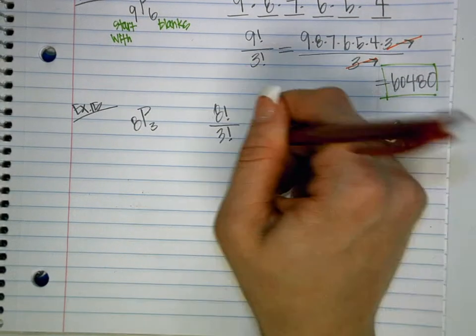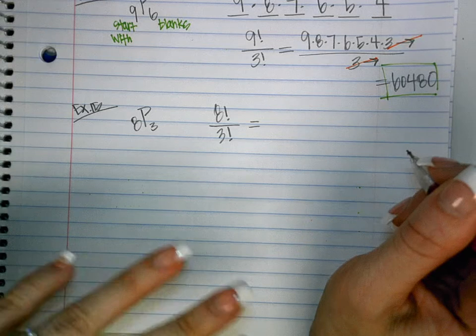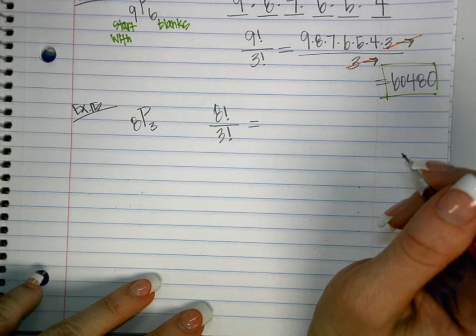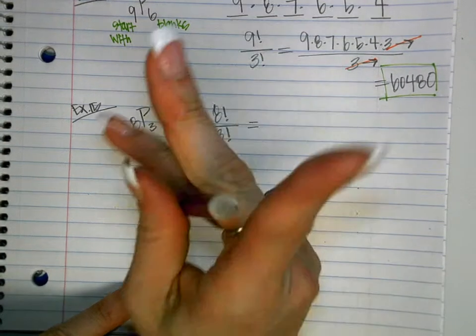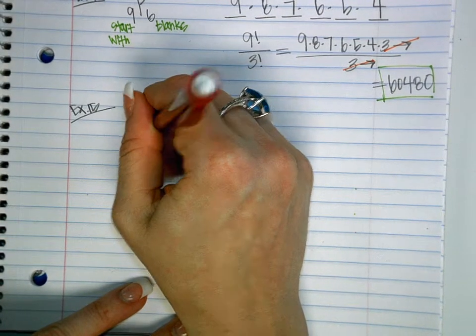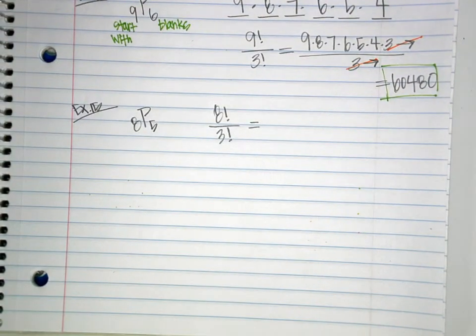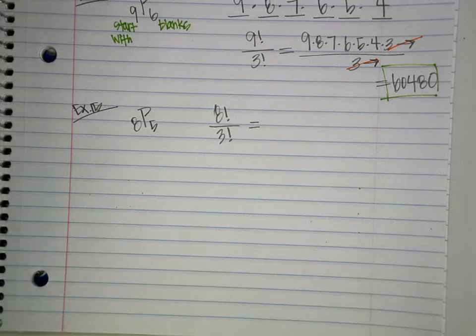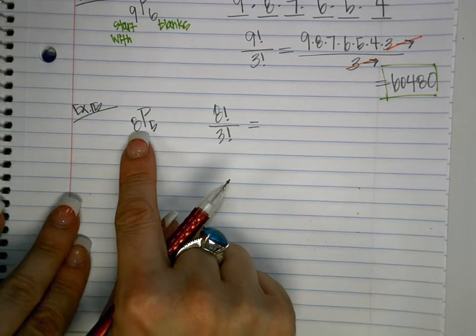Oh, excuse me, I'm sorry. This should be 8P5. So that means that the difference between 8 and 5, that's why we get a 3 on the bottom.